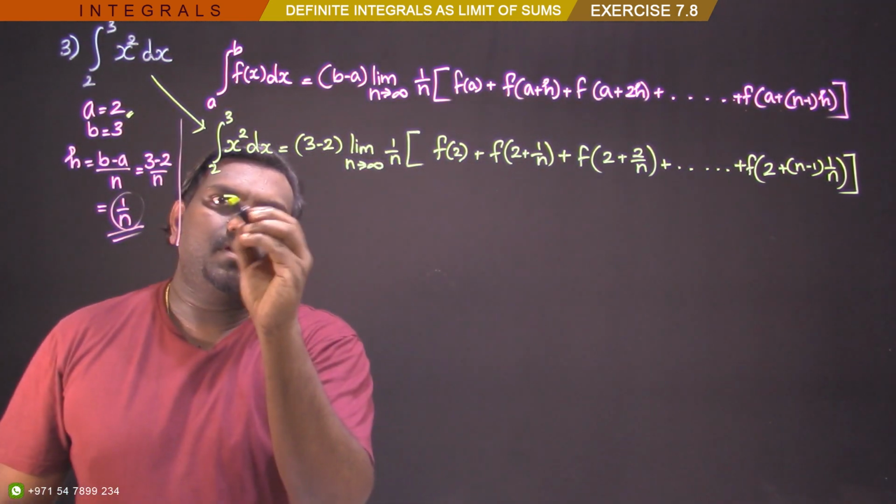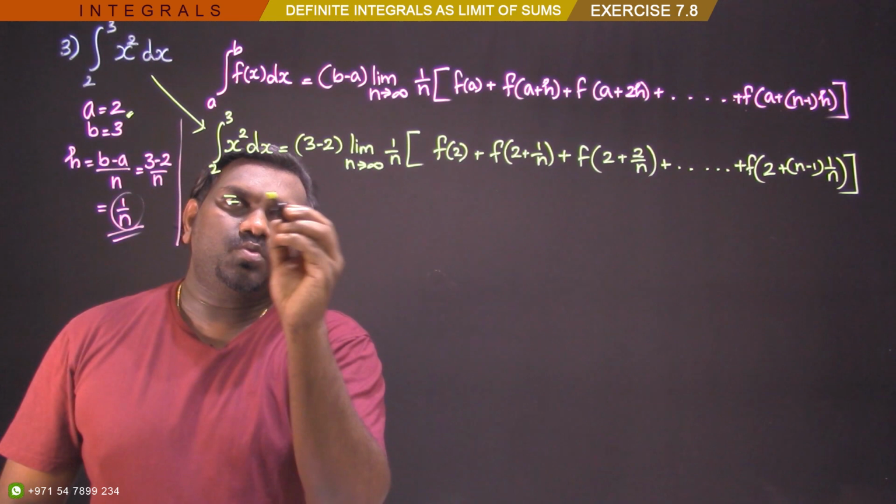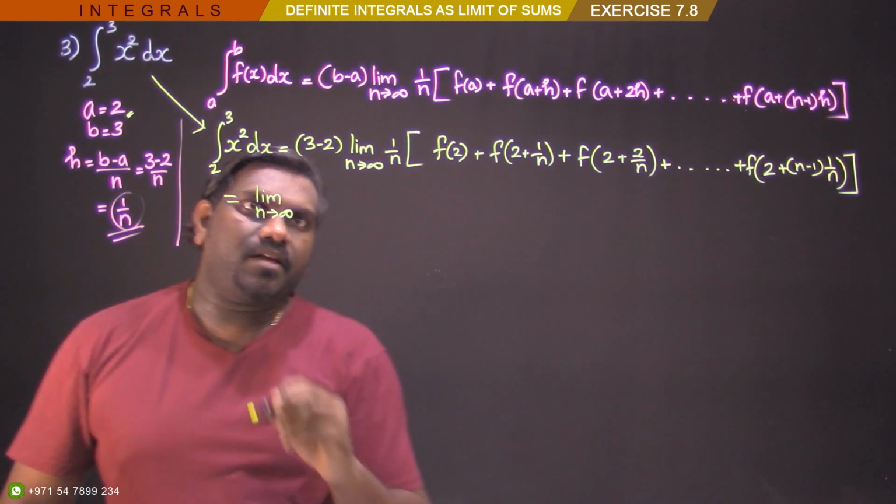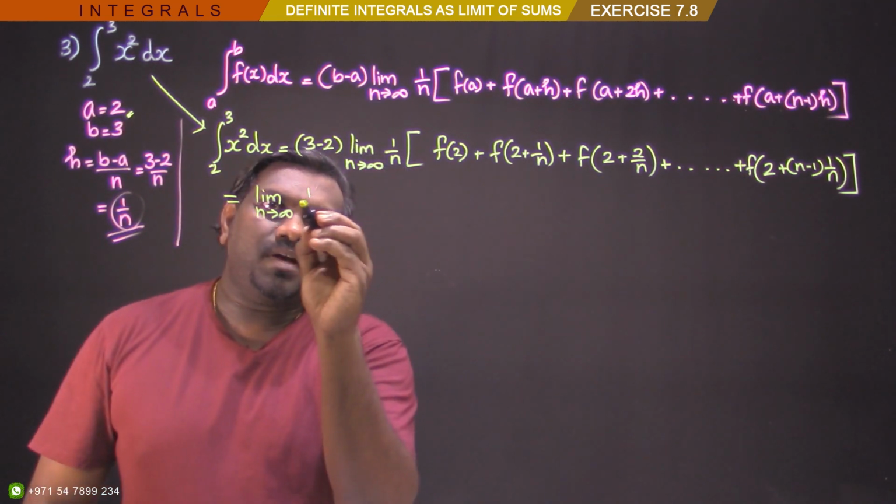What is the next step? 3 minus 2 is 1, I don't need to write it. This implies limit n tending to infinity, 1 by n.